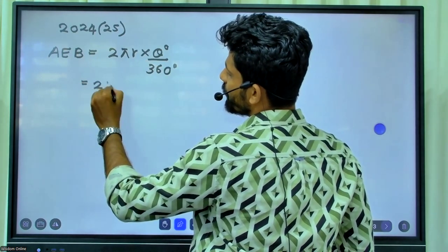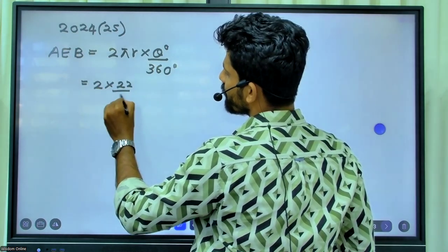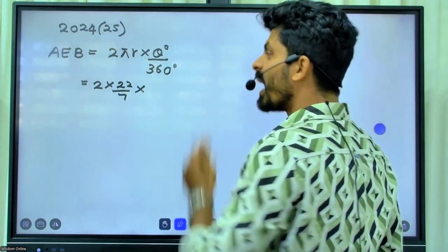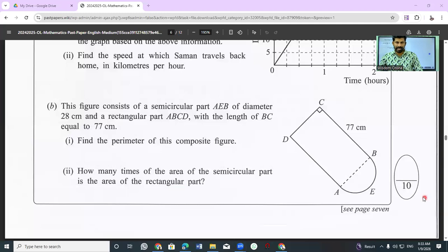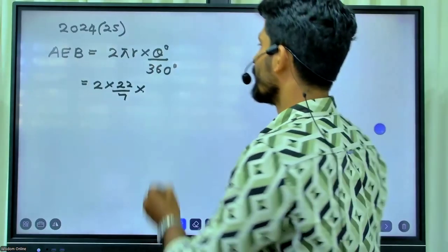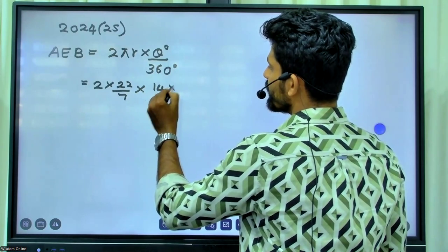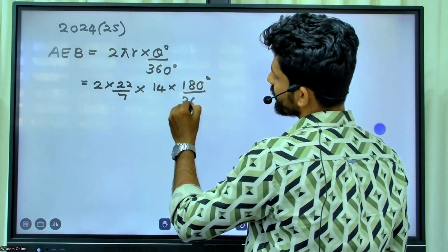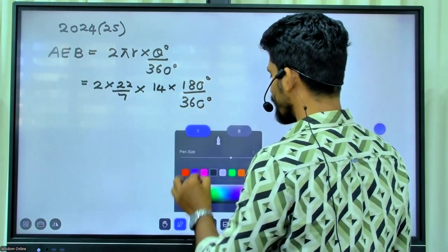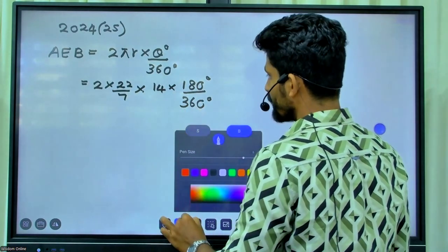What is the r? The diameter is 28, so 28 divided by 2 is 14. 14 into theta, which is 180 over 360.